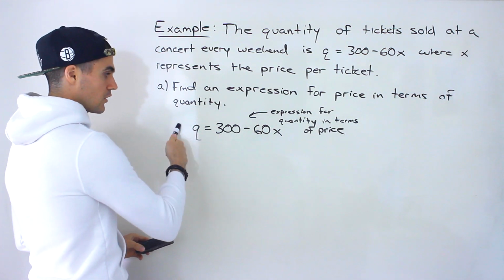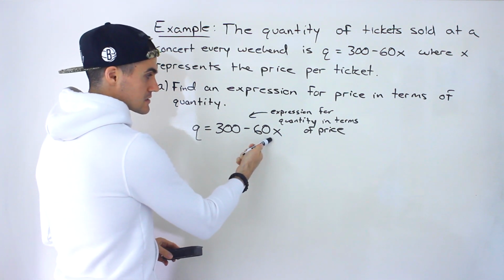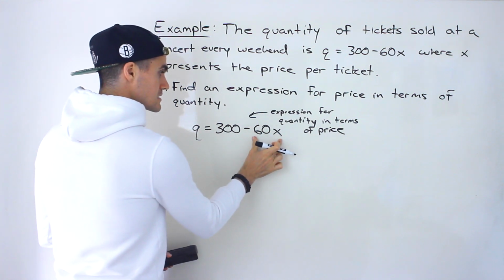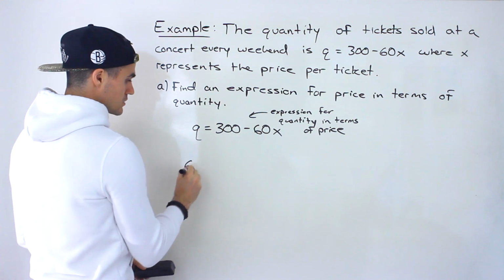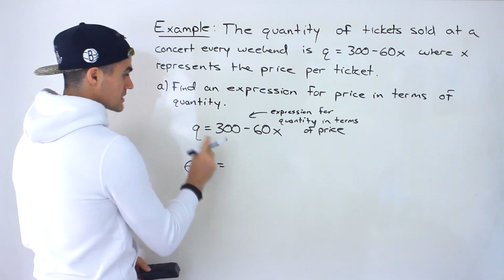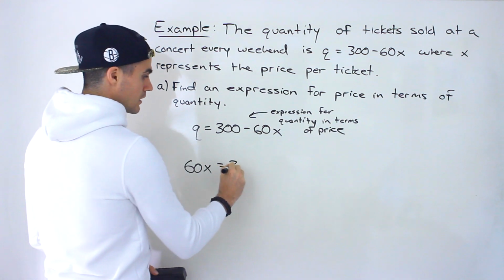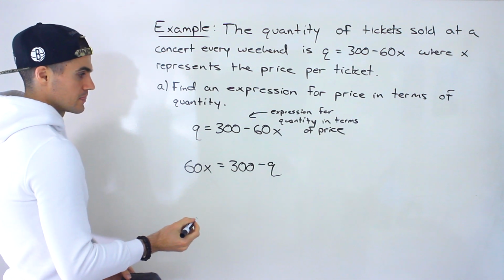You could bring the 300 over, but then you're going to have a negative 60 still in front of the X. And I'd rather have a positive number. So what I'm going to do is I'm actually going to take this expression, bring it over to the left side. So it would turn into positive 60x. And then this Q here, which is a positive, I'm going to bring over. So we'd end up with 300 minus Q, like that.